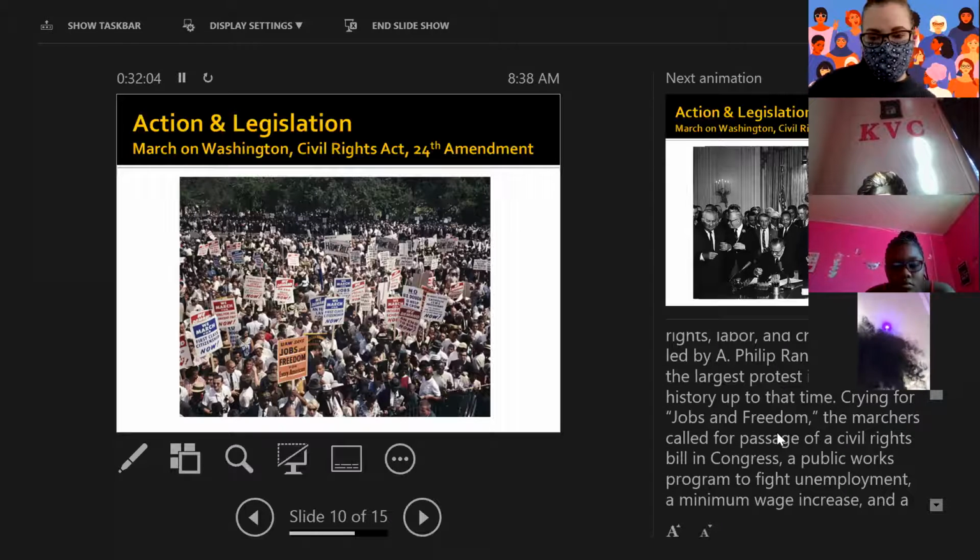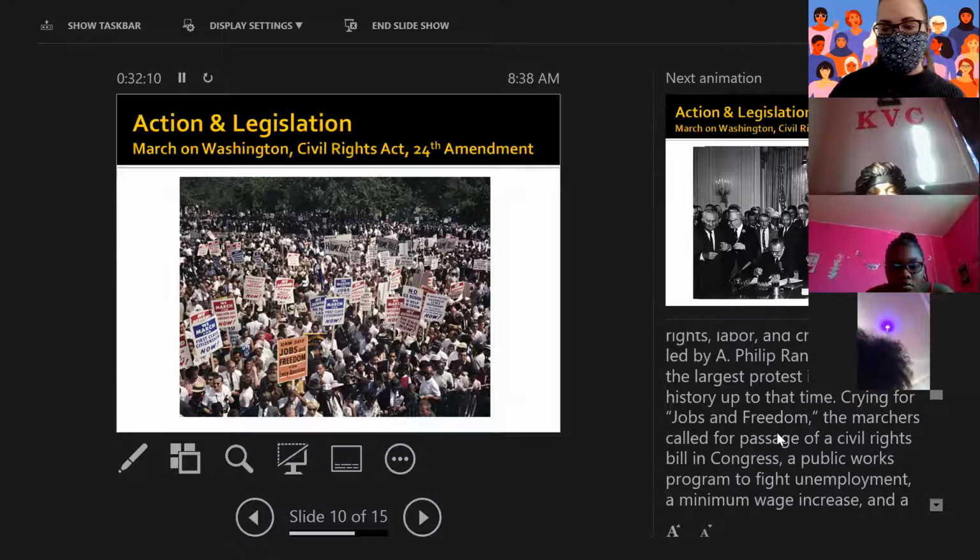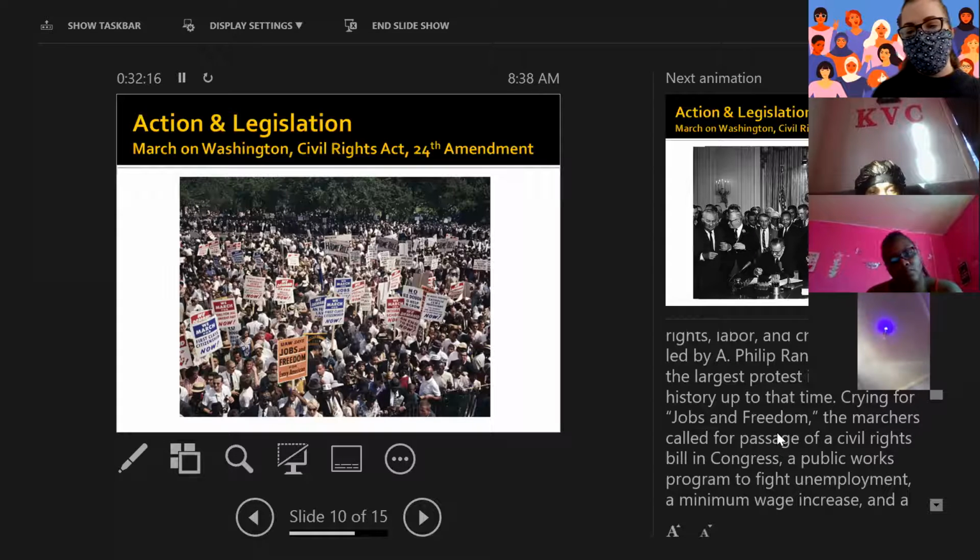It's the largest protest in American history up to that time. Marchers called for a passage of a civil rights bill and ultimately jobs and freedom.